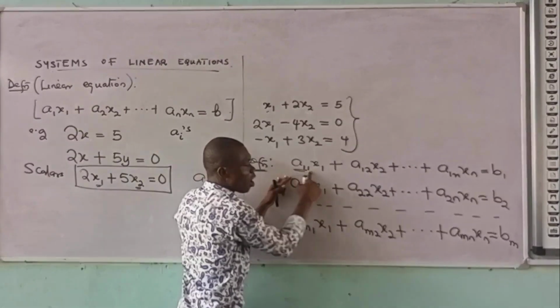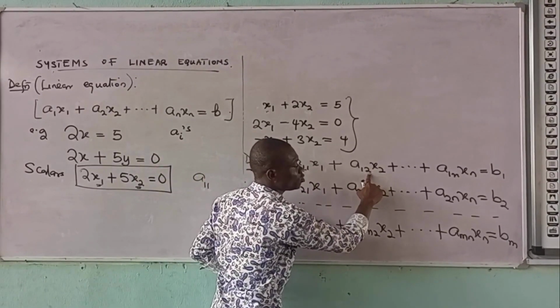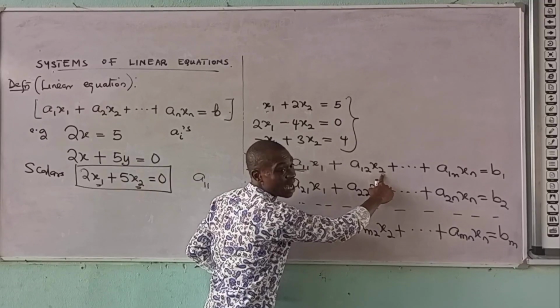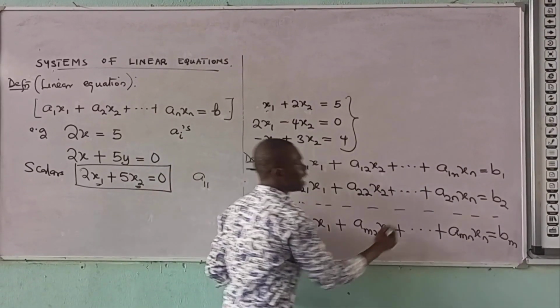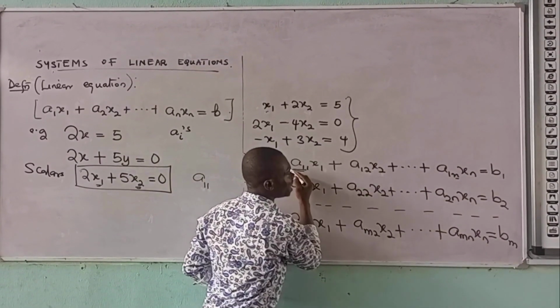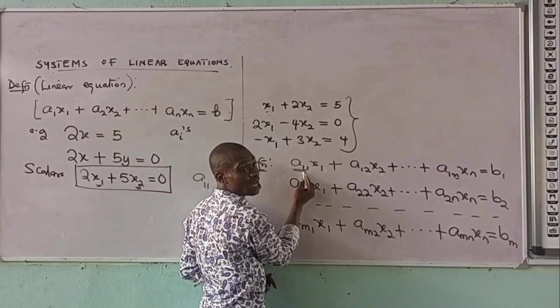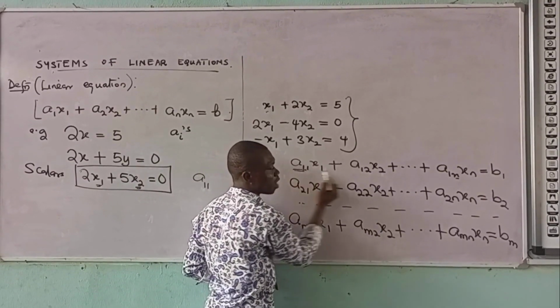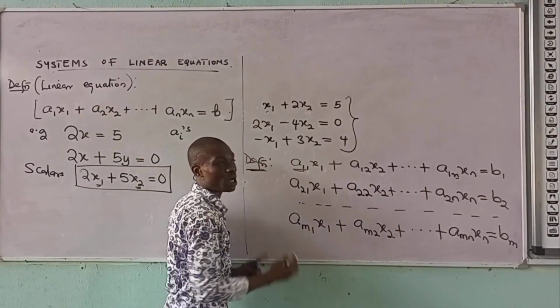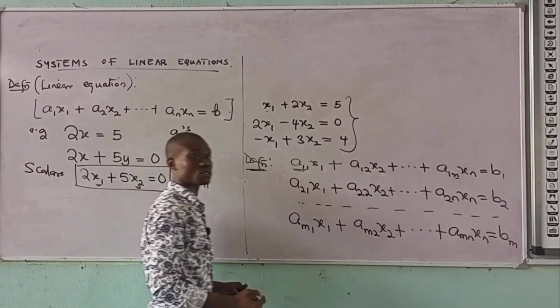The second subscript is talking about the variable. Like here you can see the 2 is together with variable 2, and that is the same for the last one. So now you can see that for all the a's in the first equation, the first subscript is 1 all through. That's talking about equation 1, and even the b has 1 also there.